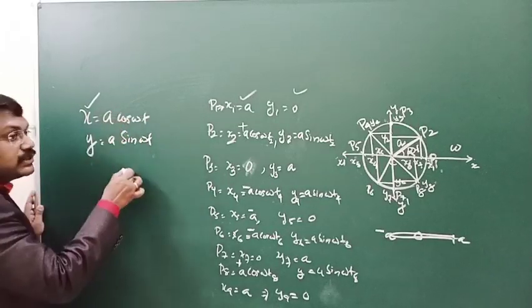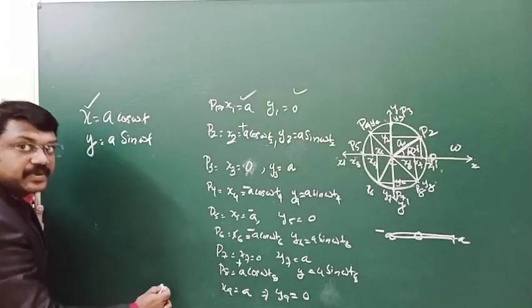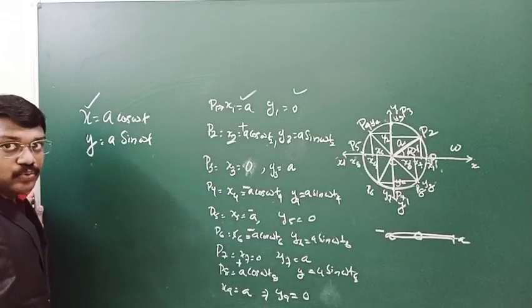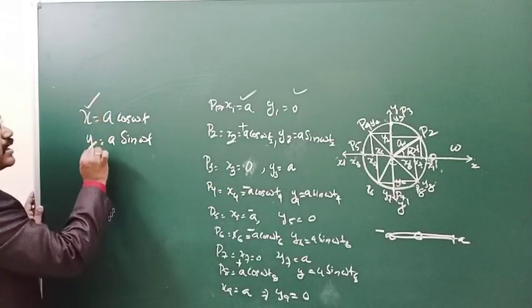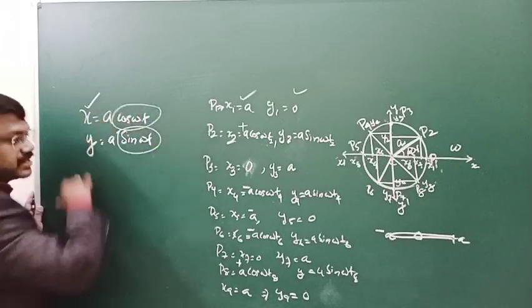Both grow from positive maximum to negative maximum and again to positive, crossing the equilibrium point 0, which means x and y are following a sine or cosine function.